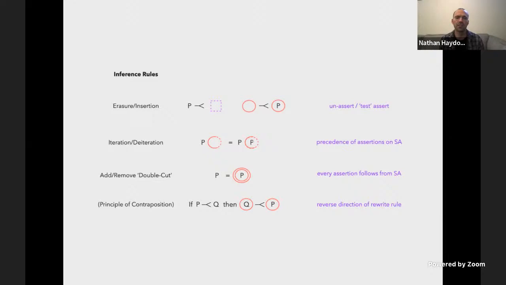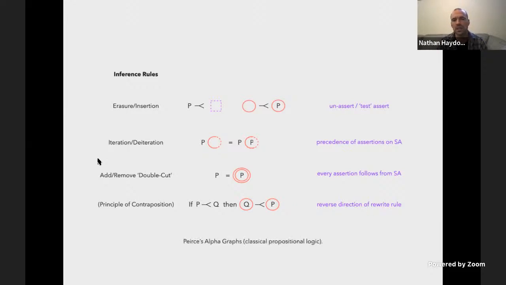I call this the insertion rule, the type of test assertion where we add a graph inside of a cut context. Iteration and de-iteration is that we have this precedence, this hierarchy of universes that we can move inwards or pull outwards if we want. Every assertion follows from the sheet itself is a way of interpreting this double cut rule. And then the principle of contraposition reverses this direction of rewrites.